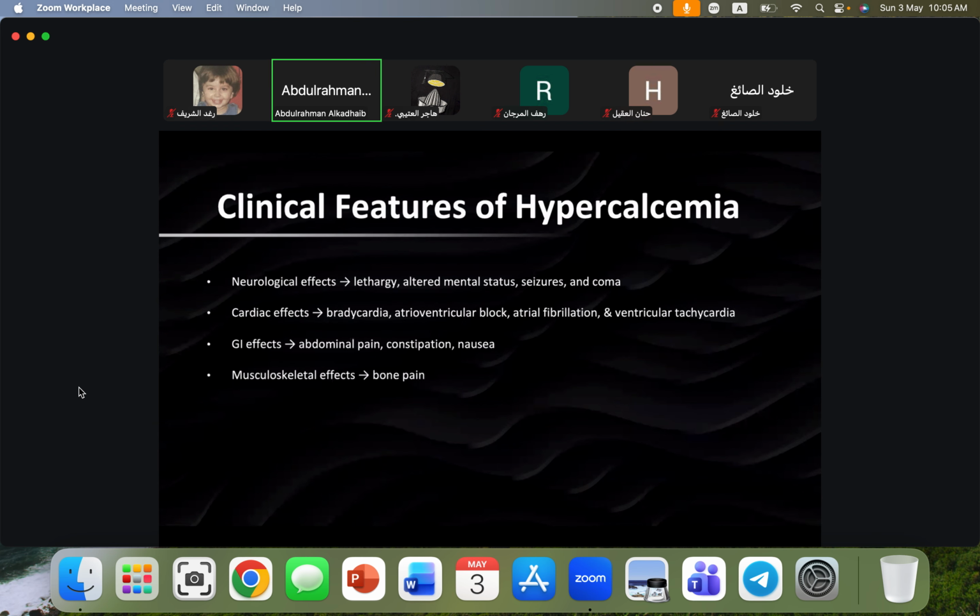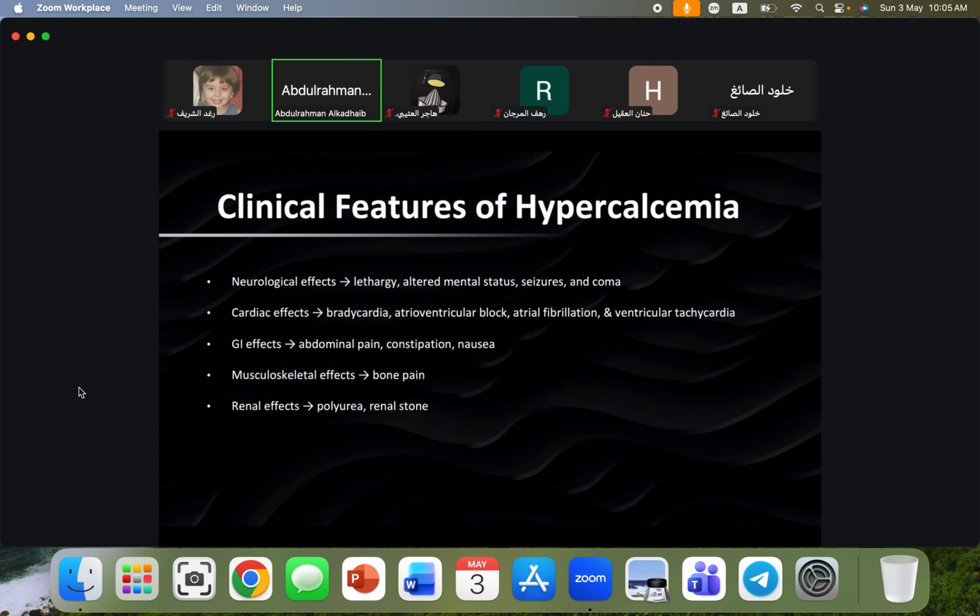It may cause some bone pain, basically because in some conditions that may cause hypercalcemia, such as multiple myeloma, there will be a destruction of the bones and release of the calcium into the vascular space.